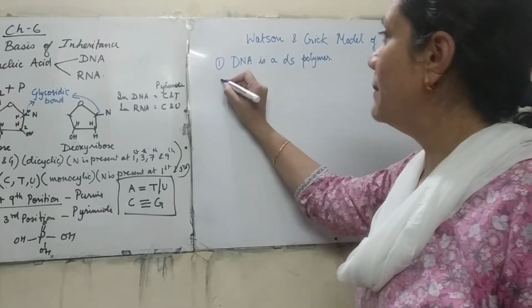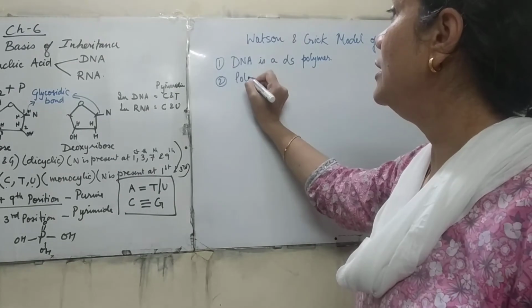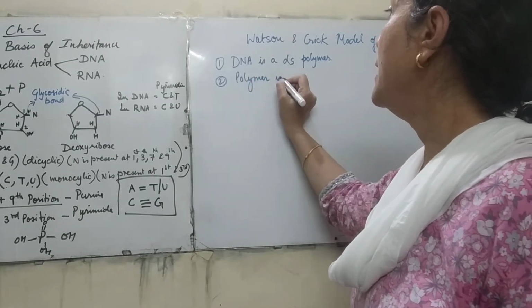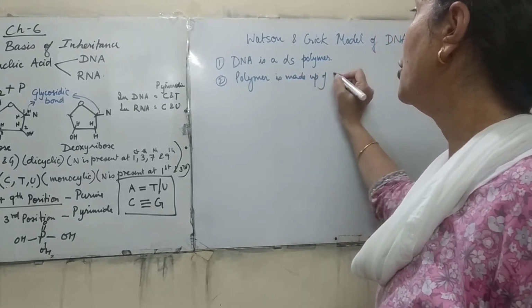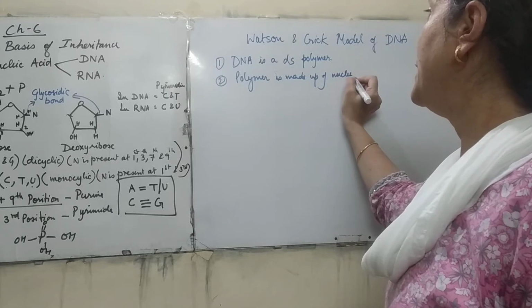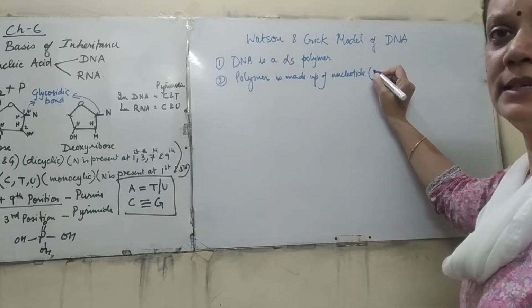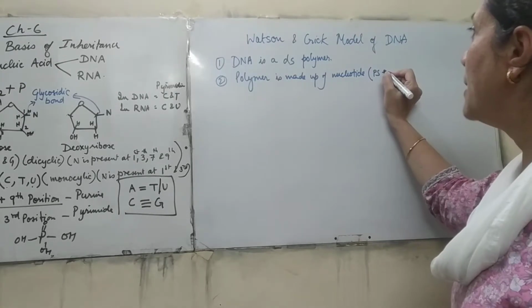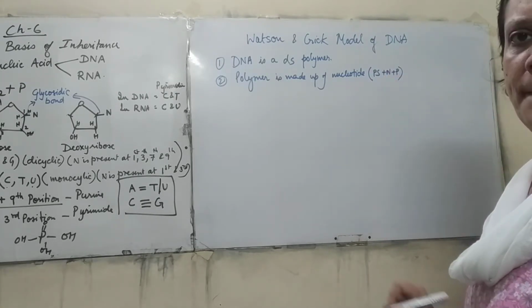So this polymer is actually made up of nucleotides. Here nucleotide means there is a pentose sugar plus a nitrogenous base and a phosphate group.